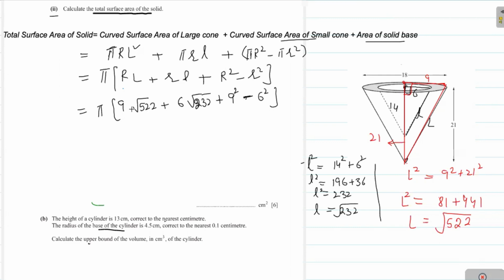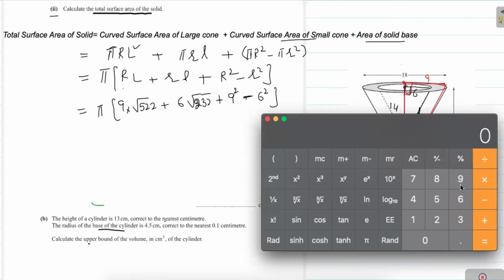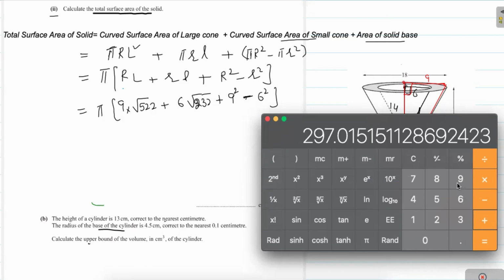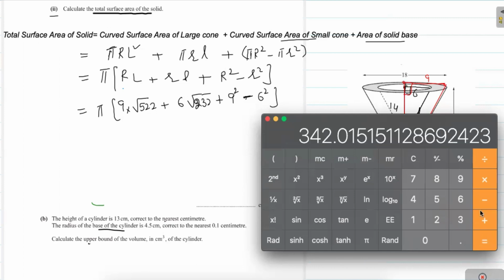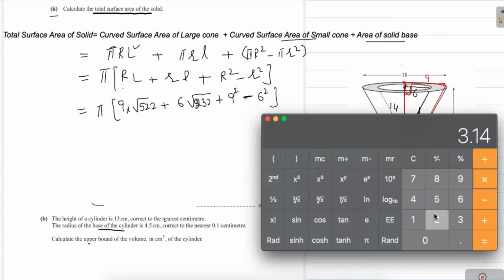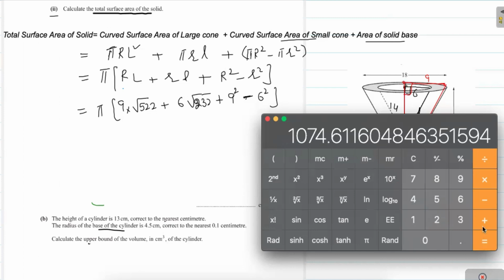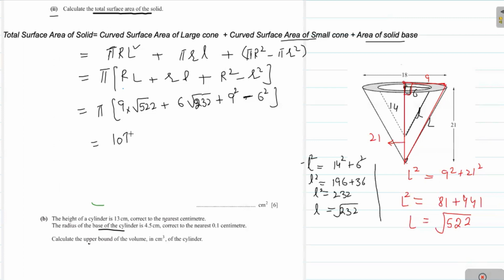Now we calculate the value here. 9 multiply 522 square root plus 6 multiply 232 square root plus 9 square minus 6 square is 36, multiply 3.142, and this value equals 1074.6.